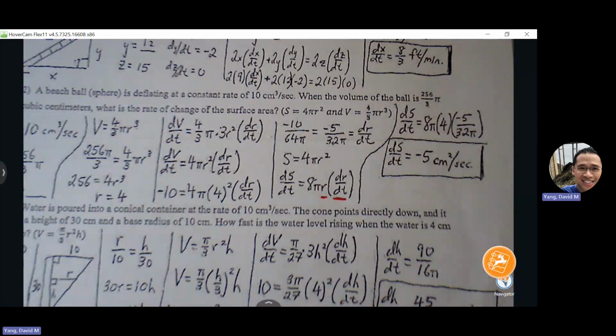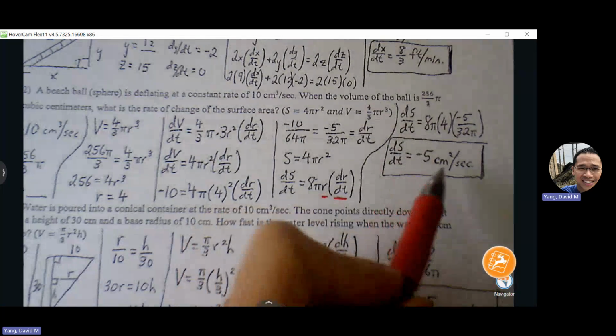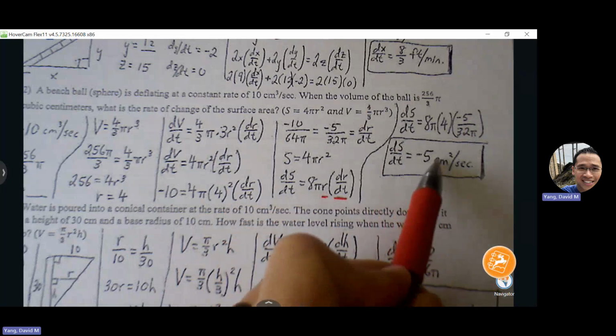Now, the units of measure here, surface area, focus on that word area. Area is a two-dimensional unit, so centimeters squared, time is seconds, so centimeters squared per second.